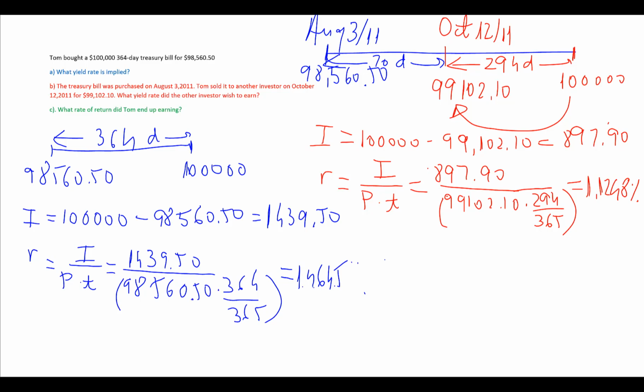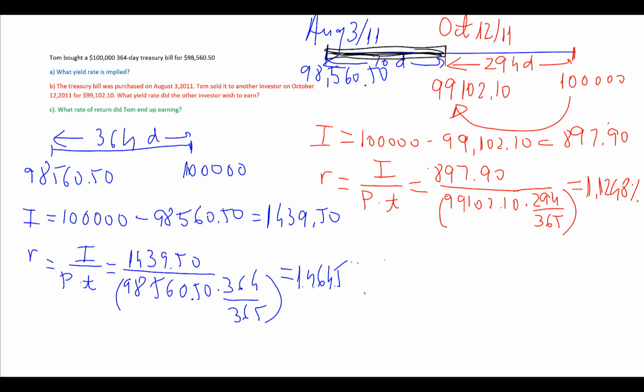For part C, we have what rate of return did Tom end up earning. So Tom had this treasury bill between August the 3rd and October the 12th. So he kept this treasury bill for 70 days.